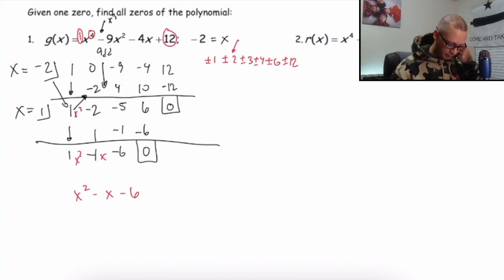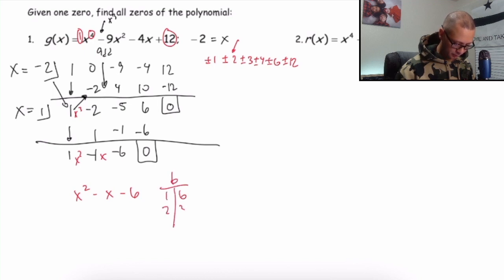So two numbers that multiply to make 6 that add up to 1. So 1 and 6, 2 and 3. I think it's going to be 2 and 3. And so it's negative 6, so one of them has to be negative. And it's going to be the bigger one because this is the sign right here.